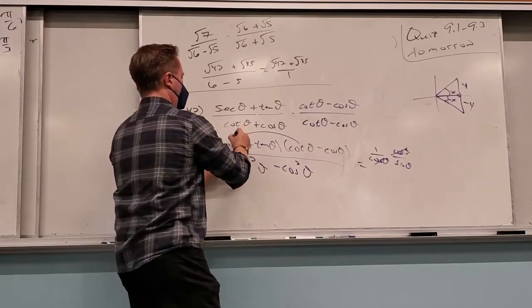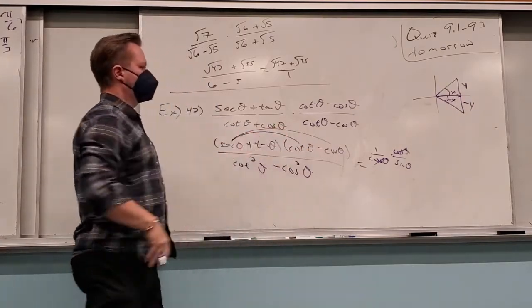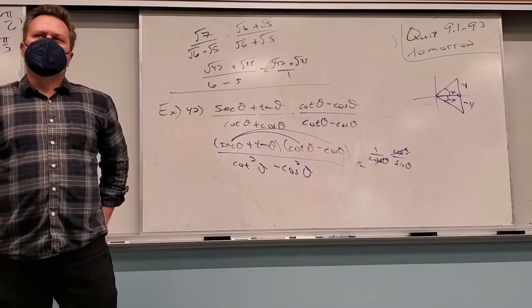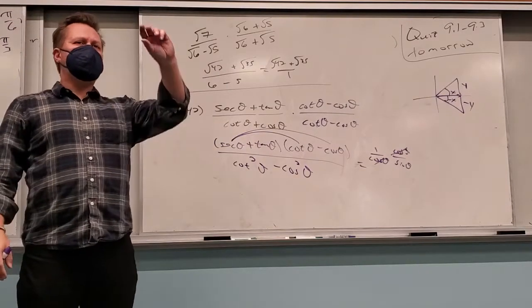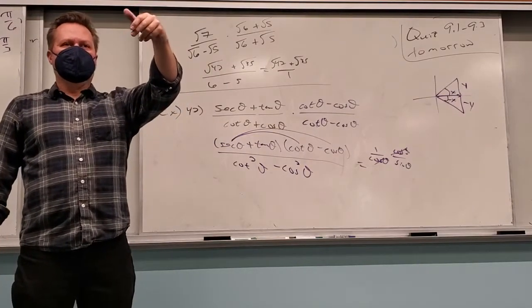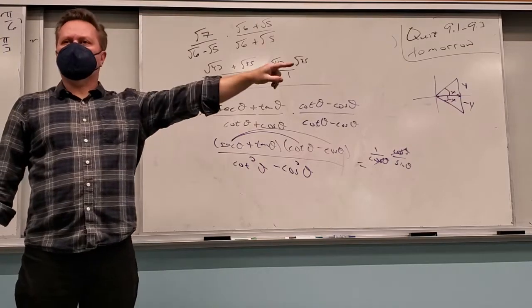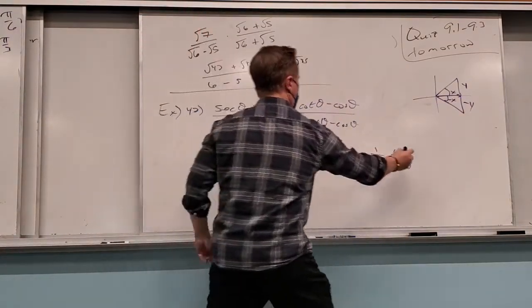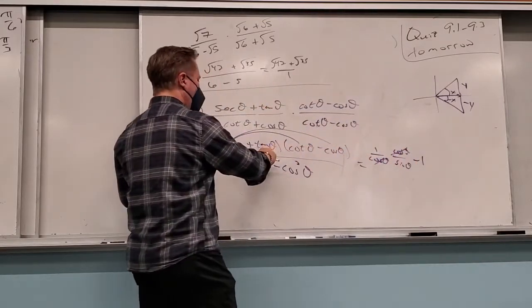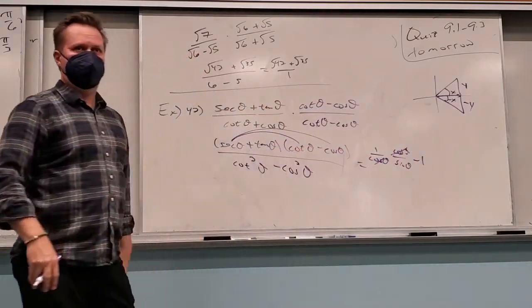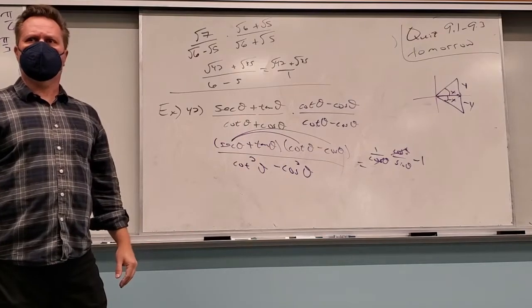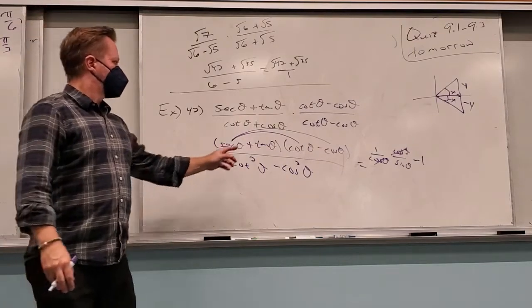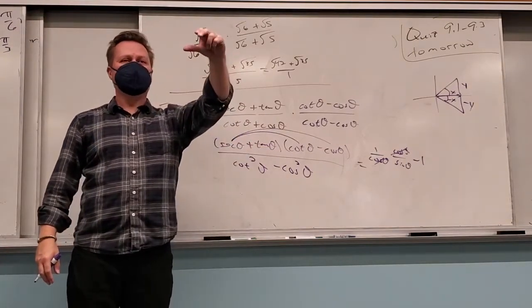All right, and then you get, what's secant times cosine? Does anyone know that one? What is secant again? So what's 1 over cosine times cosine? 1. So that'll be minus 1. What's tangent times cotangent? What's cotangent again?